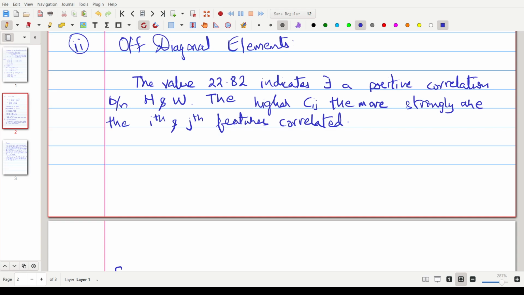That means that if one increases, the other also increases proportionally, and how proportionally depends on the magnitude of correlation. But for now, if height increases, it shows a relative increase in weight based on the data. The higher Cij, the more strongly the ith and jth features are correlated.